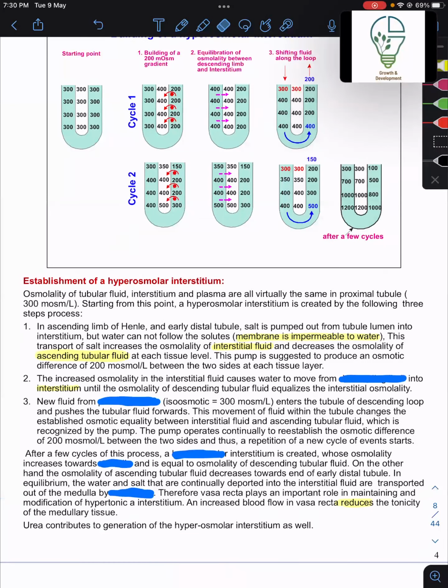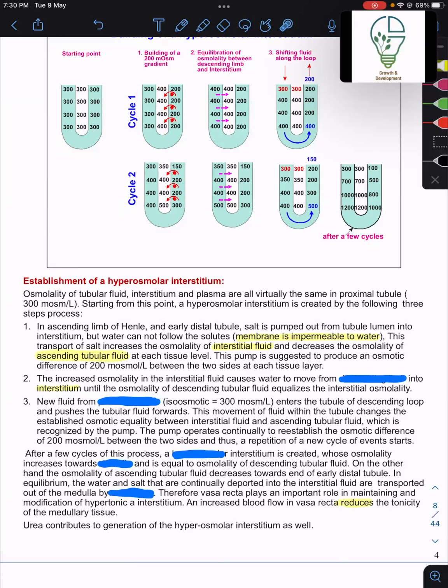Okay. The second part is the increased osmolality in the interstitial fluid causes water to move from blank into interstitium until the osmolality of the descending tubular fluid equalizes. So the increased osmolality in the interstitium is going to cause water to move from where into the interstitium?